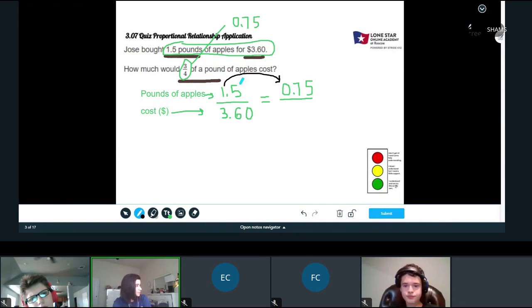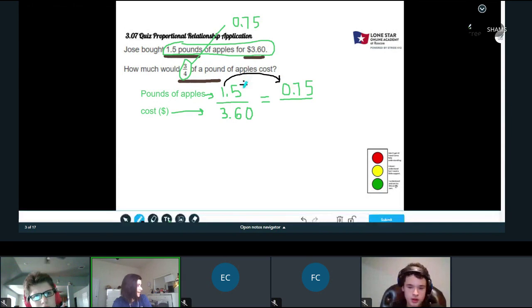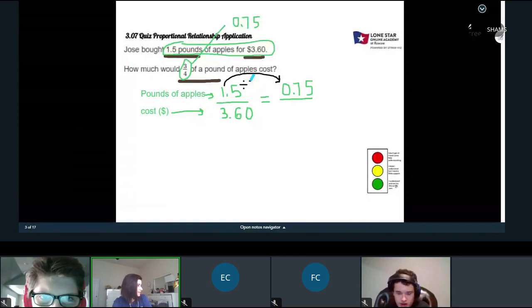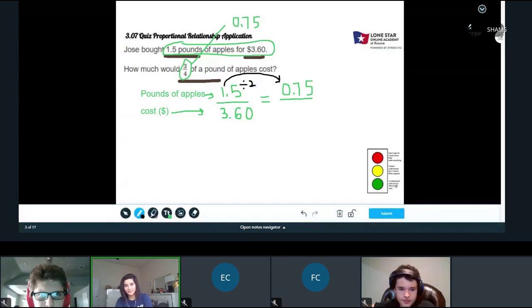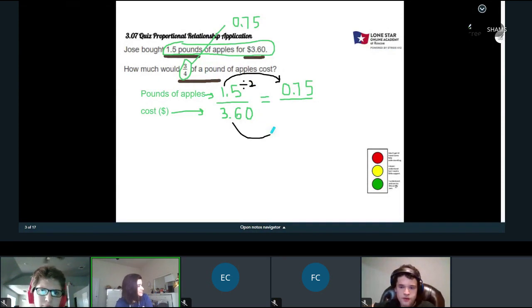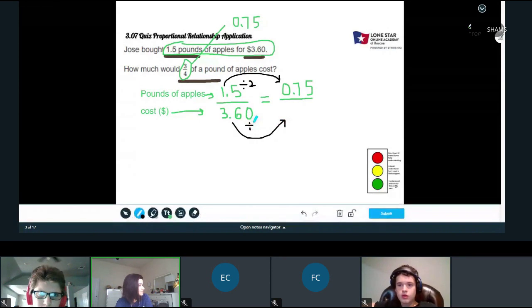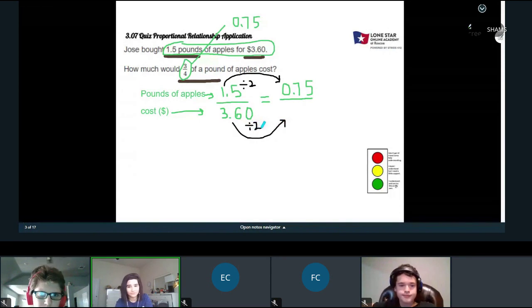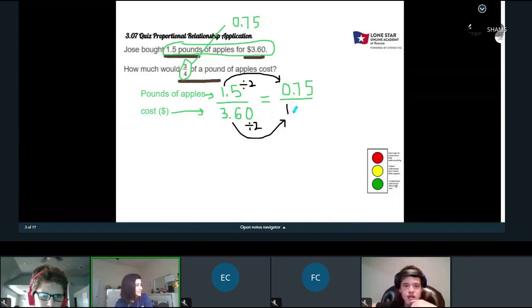If you know half of 1.5, you probably know it kind of halved. It was dividing by 2. Am I right? Very good, Kawa. I agree with you. So from 3.60 to this missing number, you can divide $3.60 by 2, and it will get you to the answer. Half of $3.60 is $1.80.